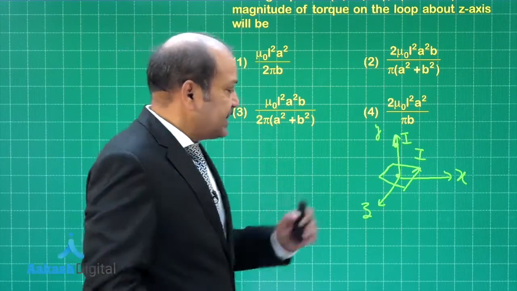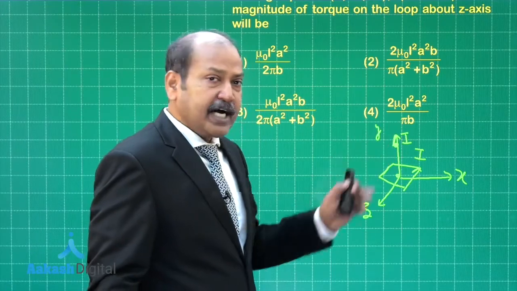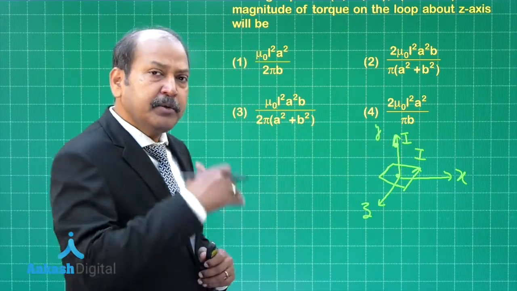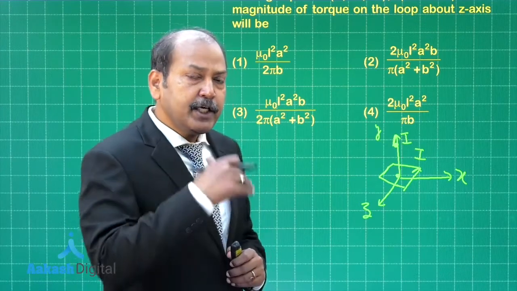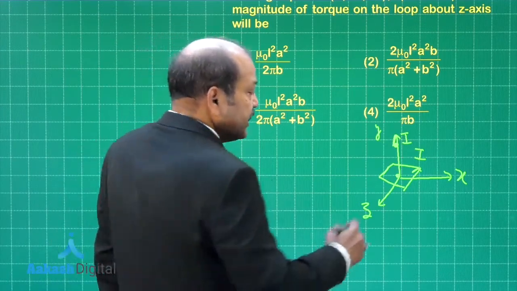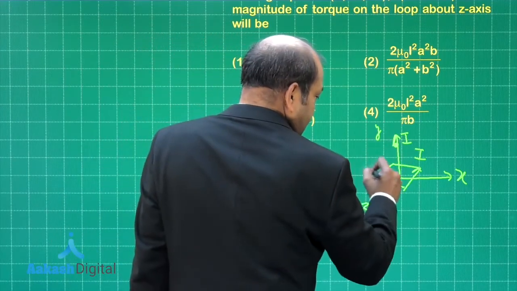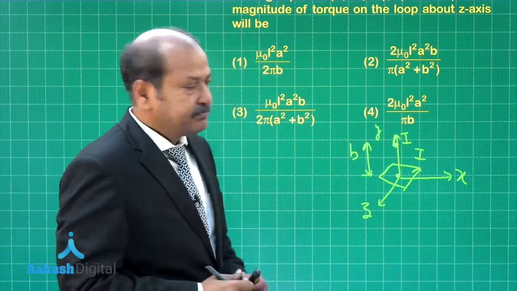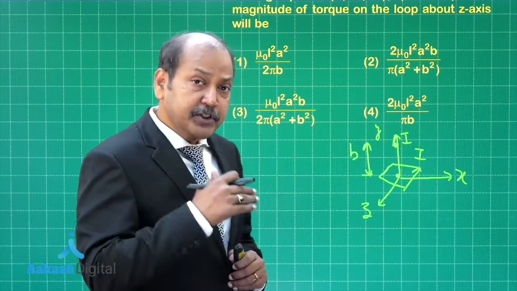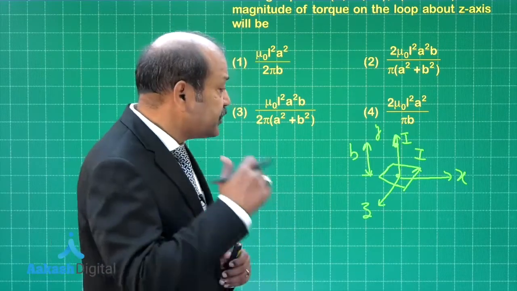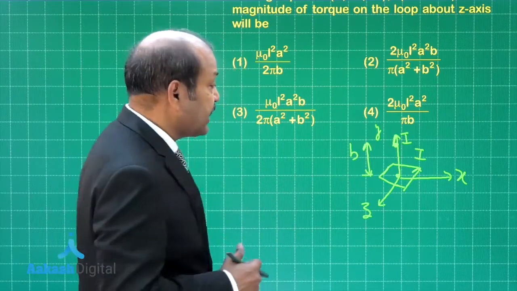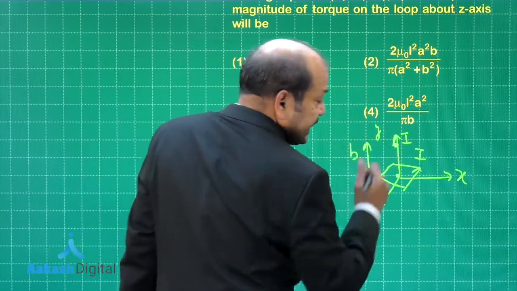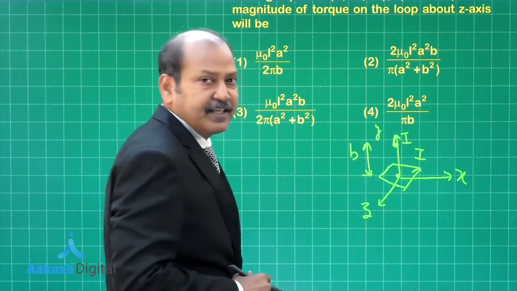The magnetic field at the center due to this current I, which is flowing along the z axis, we can now write as mu naught I divided by 2 pi B. Remember, this distance is B. What is the direction of this magnetic field? If the current is flowing like this, then the direction of the magnetic field at the center is along the x axis.